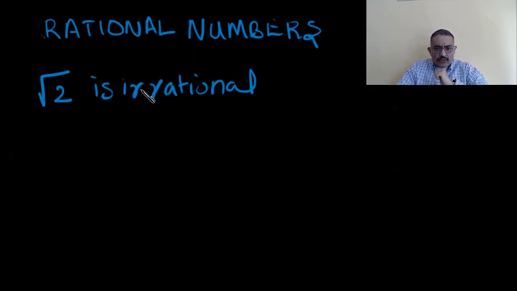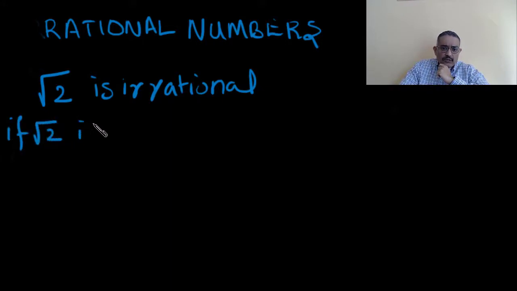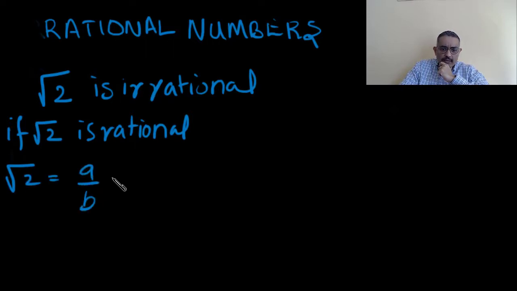The second concept that we want to understand is the fact that square root of 2 is irrational. To prove this, let's just think the contrary, that if square root of 2 is rational, then we have square root of 2 is equal to A by B. Now A and B are co-prime, which means that there are no common factors between A and B. All right.